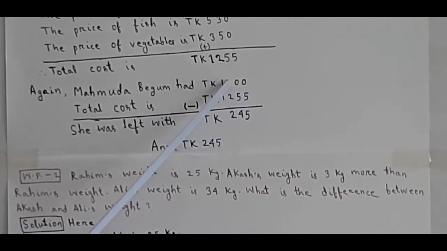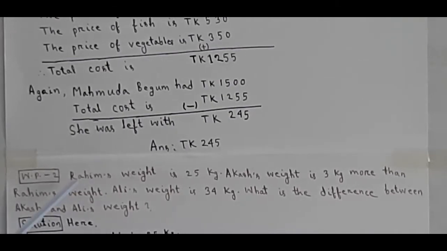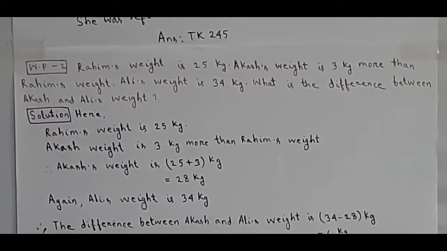Since we have taken 100 from the hundreds place, so we have to consider here 4 exist. Now 4 minus 2 is equal to 2 and 1 minus 1 is equal to 0. That means she was left with TK 245. Answer TK 245. Now the students will solve word problem number 2.